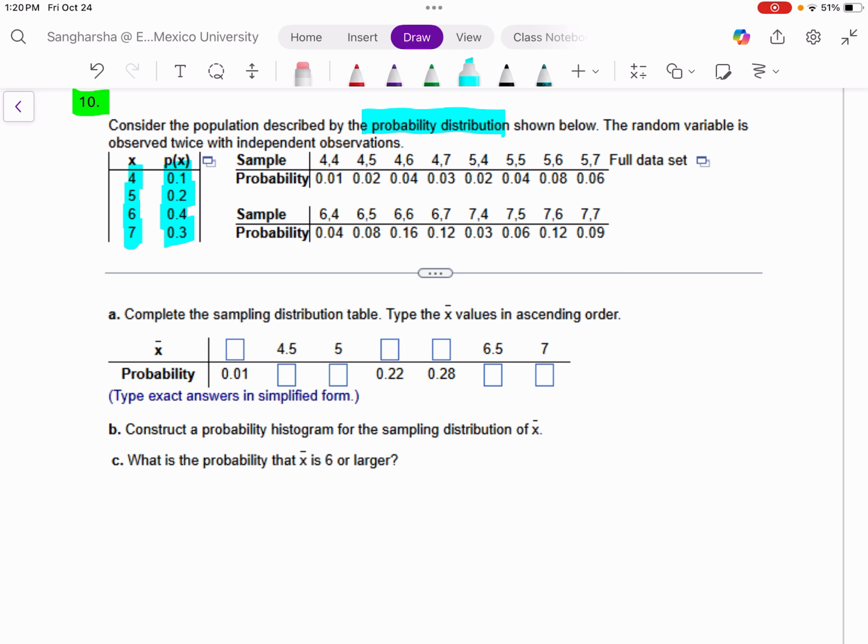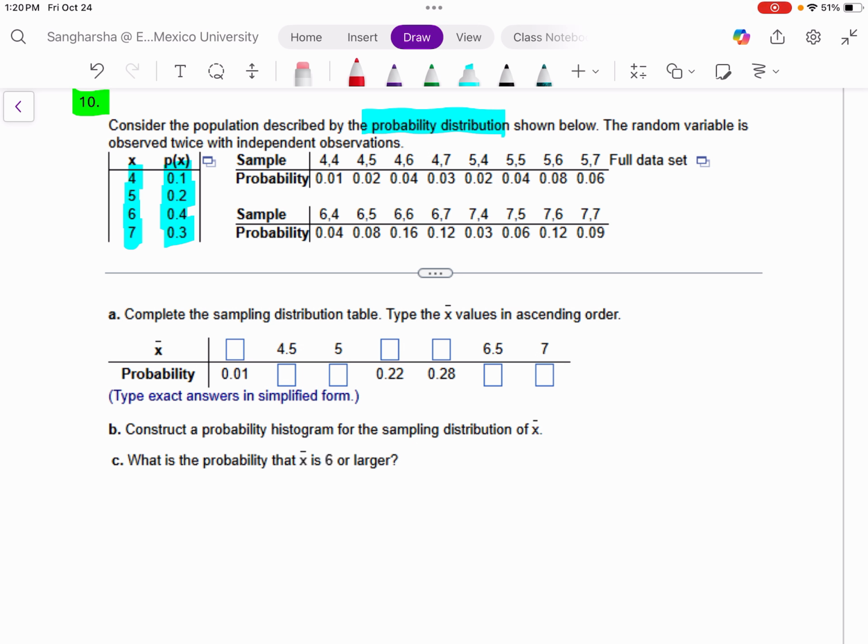And here the random variable is observed twice, and the probability is given. So we have to complete this table. At first we find our mean, the mean of x values.